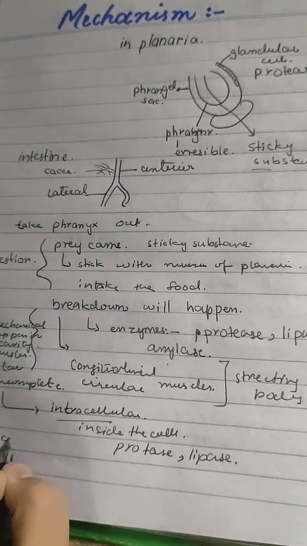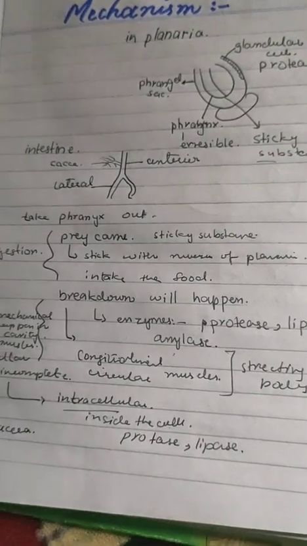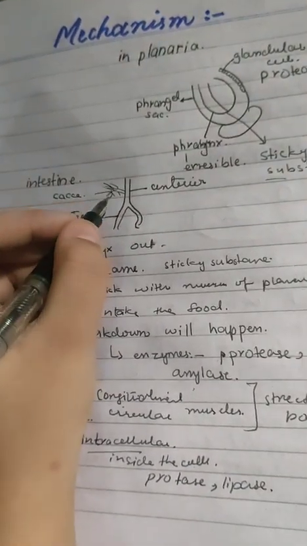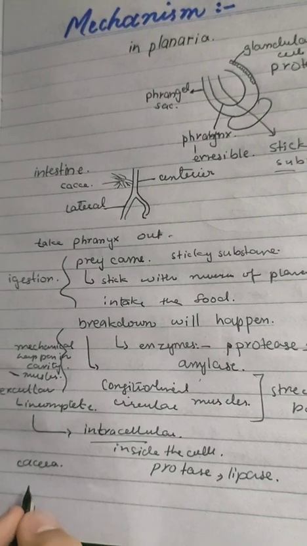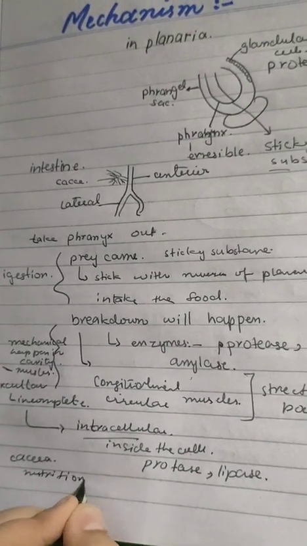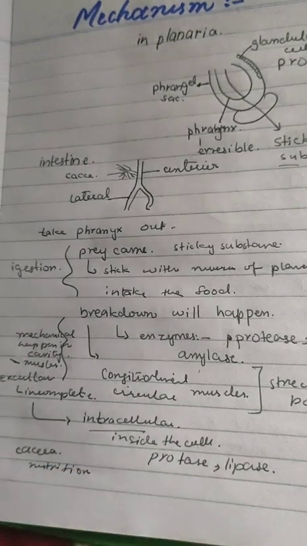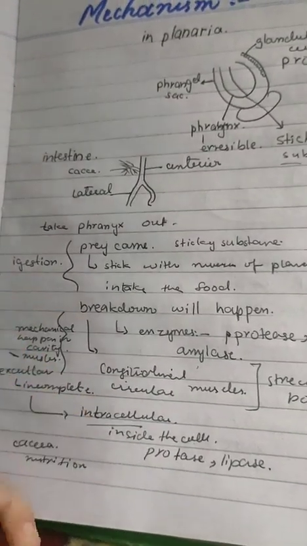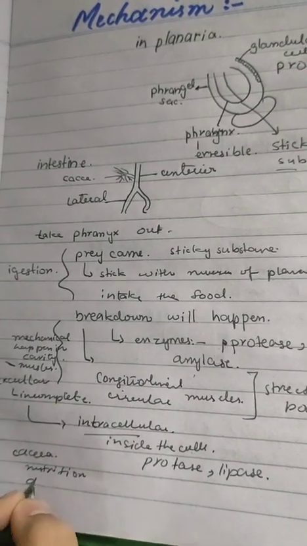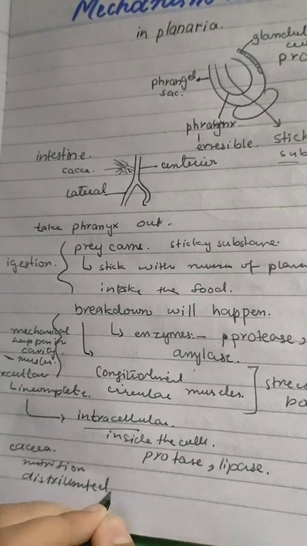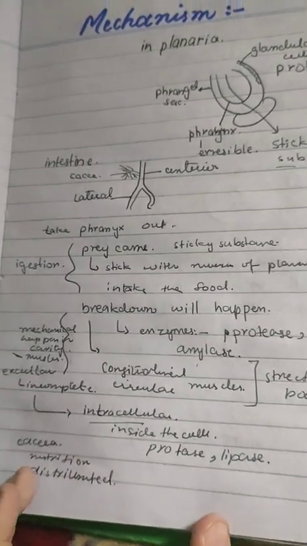After that, with the help of the ceca, which are present here, the nutrients which the cell takes from the food will be distributed all around.